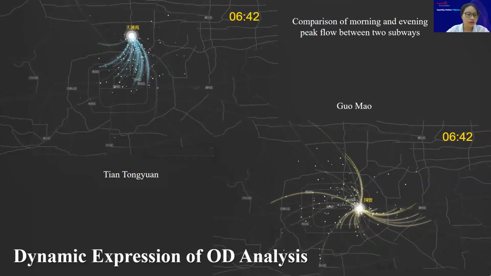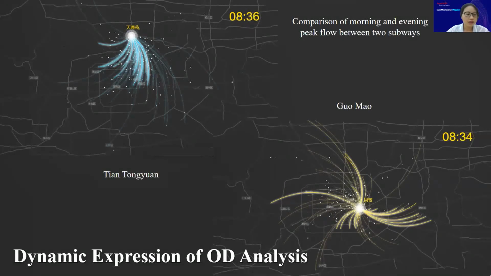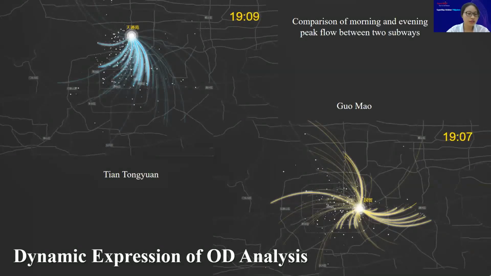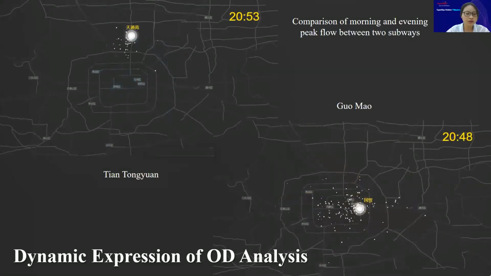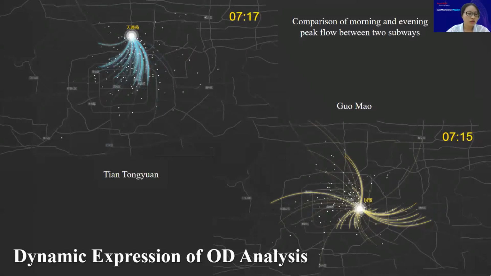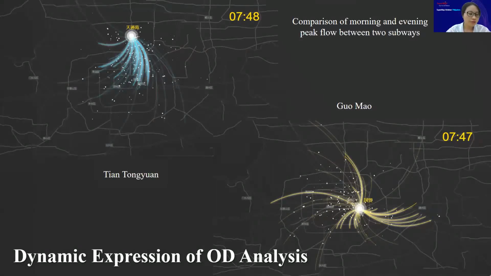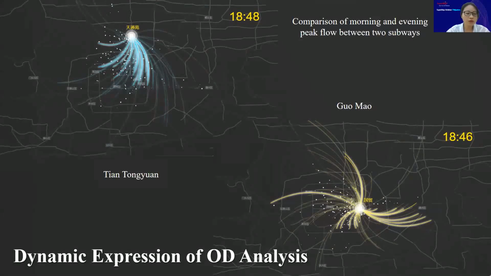Like OD analysis, the principle of OD analysis is to mine and analyze the starting and ending points of traffic and the connection degree between stations from big data. This video shows the comparison of morning and evening peak flow between 2 subway stations of Beijing.